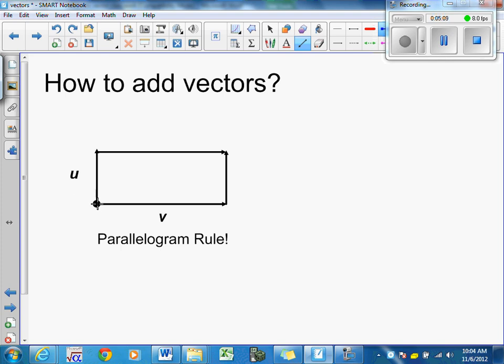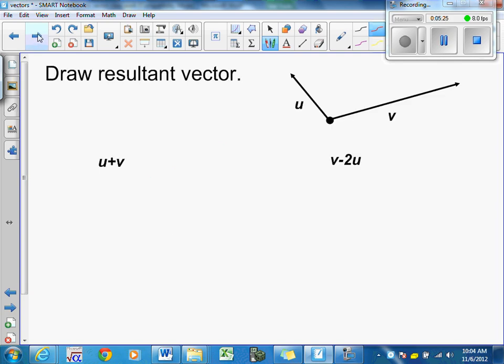Then I start at the beginning spot, and I go across at that diagonal, and there is my resulting vector going this way. See triangles, see our law of sines, law of cosines coming in here soon. Okay. So, let's say here are our vectors v and u, and we want to add them.